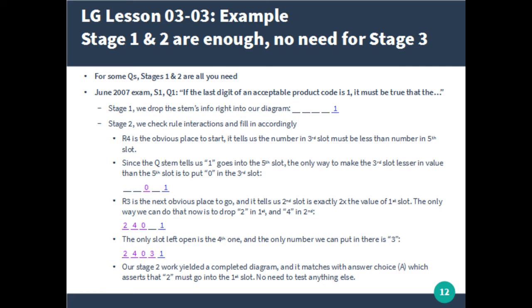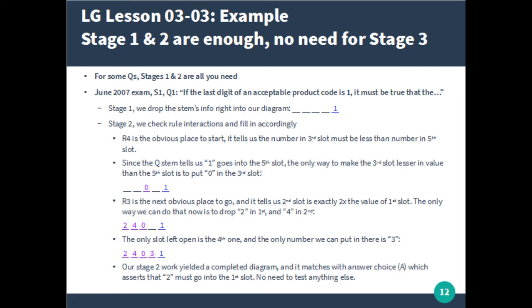Of the entities that we have available, there is only one number that is lesser in value than 1, which is 0. So since the question stem tells us that 1 goes in the 5th slot, the only way to make the 3rd slot lesser in value than the 5th slot is to put 0. So we'd end up with this configuration: blank, blank, 0, blank, 1. And that again is according to rule 4 and the information that we have in our question stem.